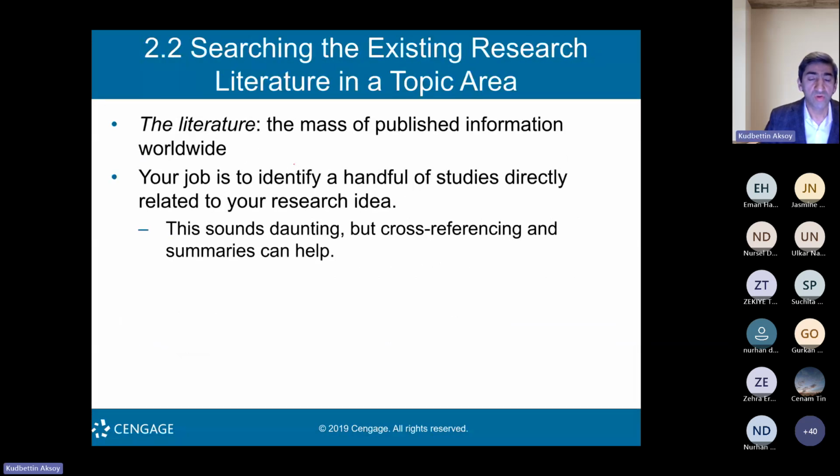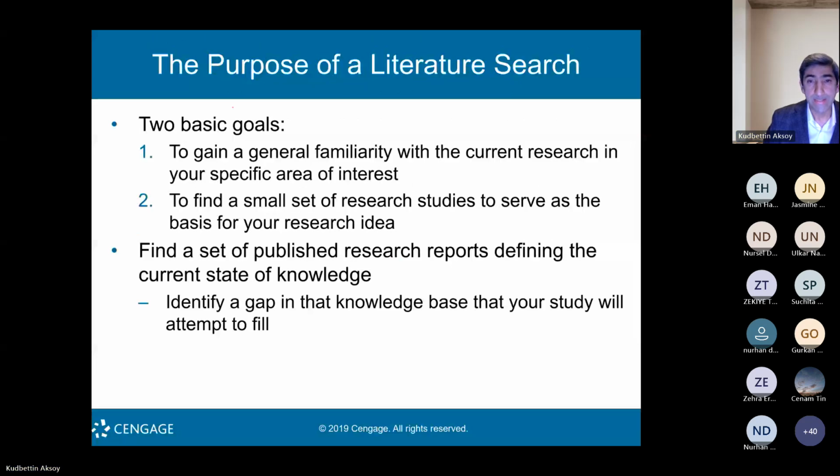So once you have your research question, what you would like to do is research. You want to go and see published material, published articles, online or hard copy. A lot of it is hard copy, and you want to make sure you review and read those, and then you cross-reference ideas.